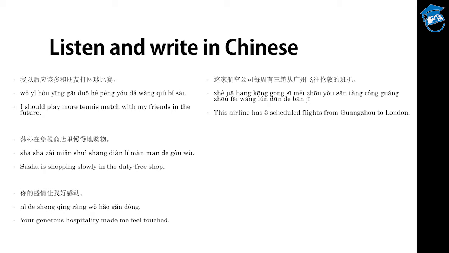It is from Guangzhou flying to London. 班机 is scheduled flights, or flights. So the whole thing is this airline has 3 scheduled flights from Guangzhou to London each week.